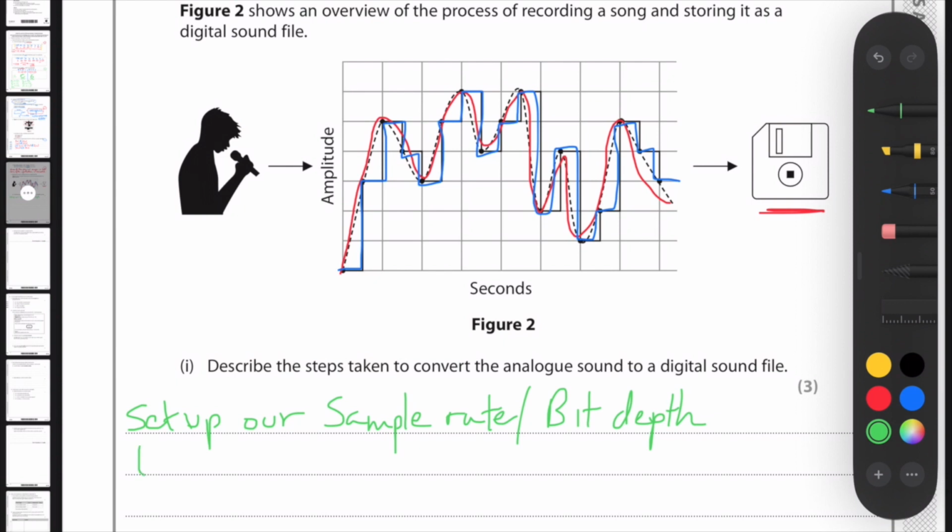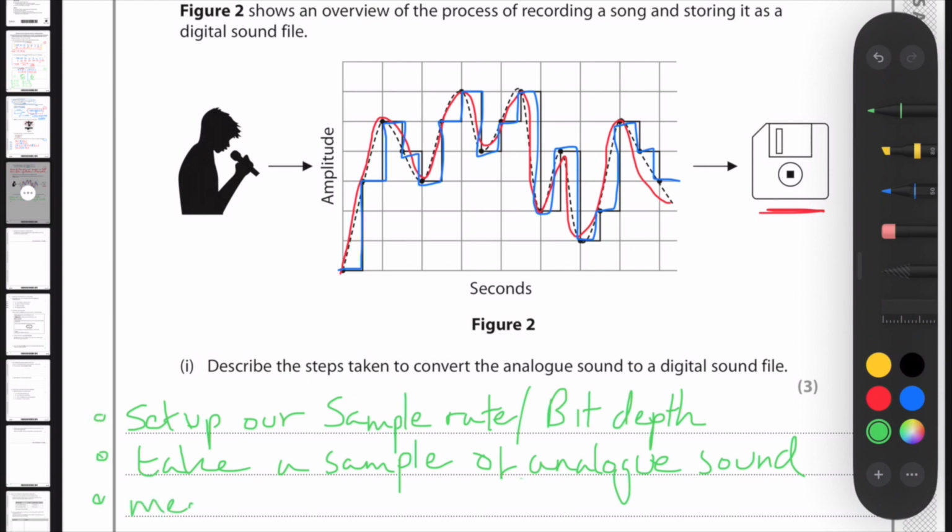Okay, then we're going to take a sample of analog sound. And then we will measure the volume, which is also called the amplitude. Frequency.